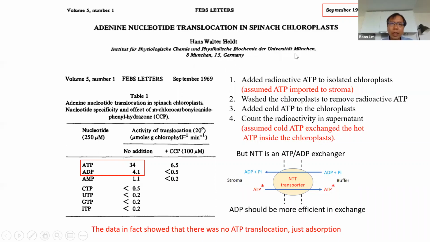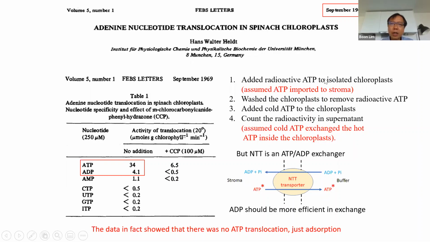So why do our data contradict this paper? We tried to examine their experimental procedures. We can see that first, he isolated mature chloroplasts from spinach, and then he added radioactive ATP to the isolated chloroplasts.